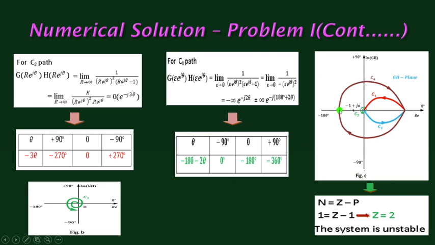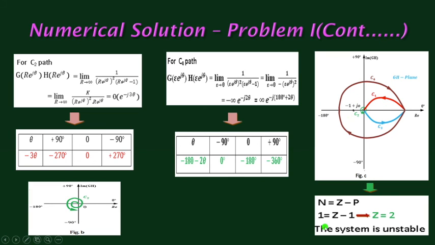As this magnitude is infinity, the minus 1 plus j0 point is inside this encirclement. So the equation is N equal to Z minus P. Here one open loop pole is present on the right hand side, so P equal to 1, and the number of encirclements is 1 with clockwise movement.